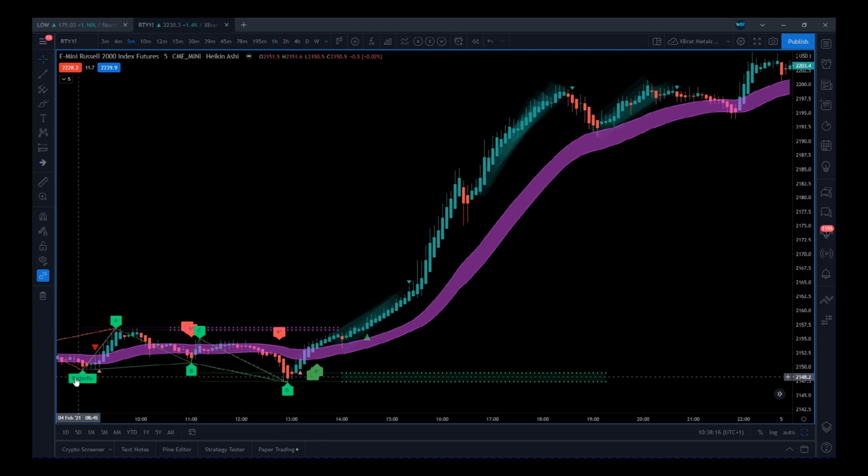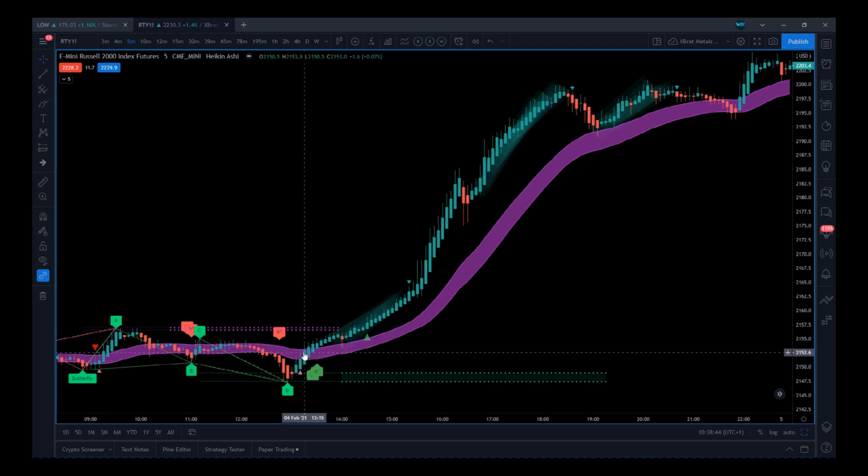We have a butterfly pattern complete in our completion zone right at the bottom there. So we're looking for a long. Then we get the 5 and 6 star buys on the XBratAlgo. We've moved up through the EMA Cloud, and the divergence cloud is starting to turn green, which is confirming that bullish direction.